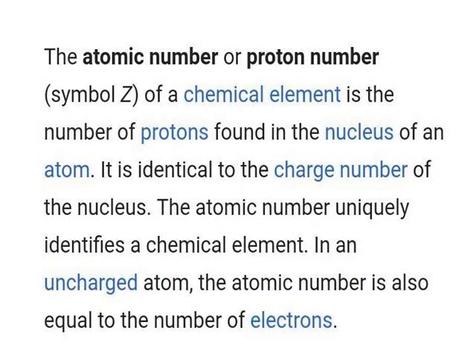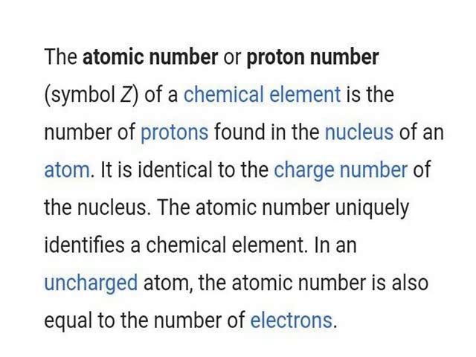This slide gives some information about the atomic number. The atomic number or proton number, with the symbol Z, of a chemical element is the number of protons found in the nucleus of an atom. It is identical to the charge number of the nucleus.